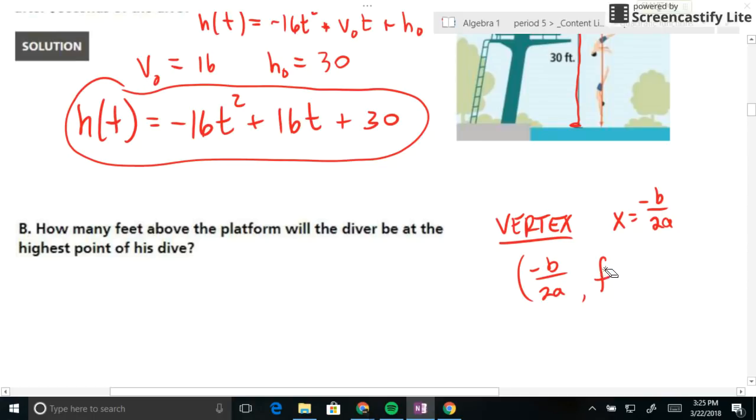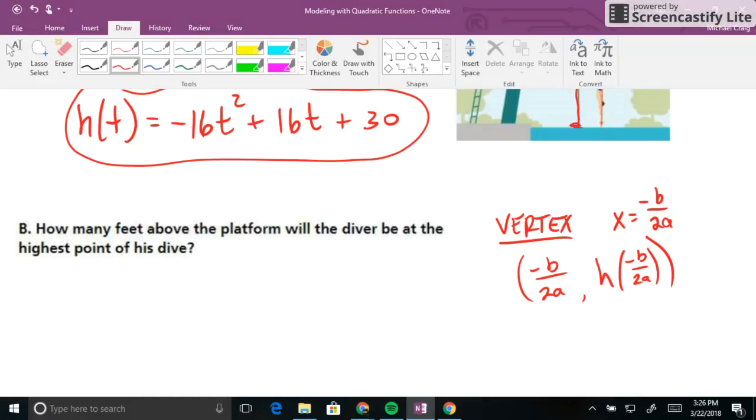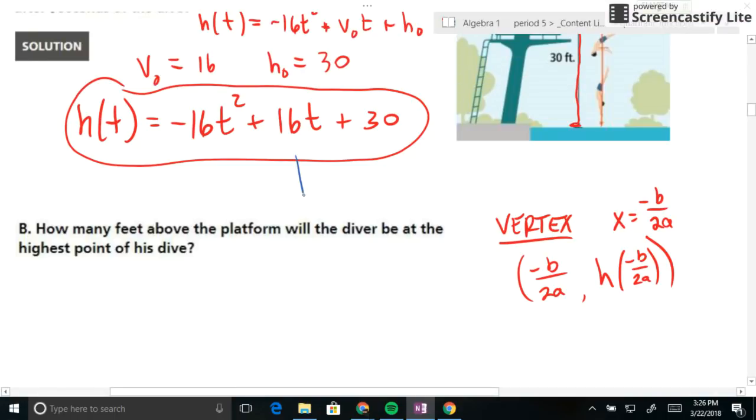This time the function is h of x, or h of t, so h of the opposite of b over 2a. Whatever we get, we plug that in. So what we have to do is go up here and look. What is the b and what is the a value? Our b value is 16. Our a value is negative 16.